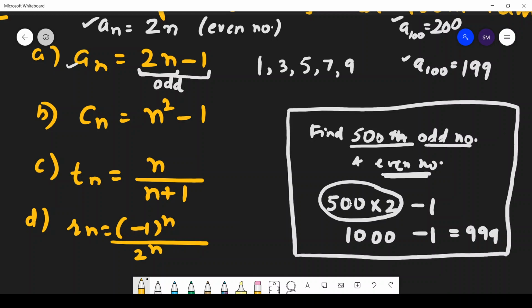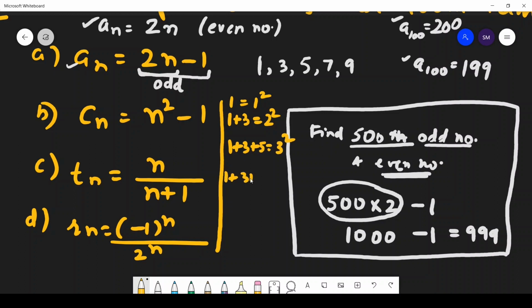Yes, sir. And I'm telling you one more thing about the addition of odd numbers. The first odd number gives 1 square, the sum of the first 2 odd numbers gives 2 square, the sum of the first 3 odd numbers you will get 3 square, that is 9.